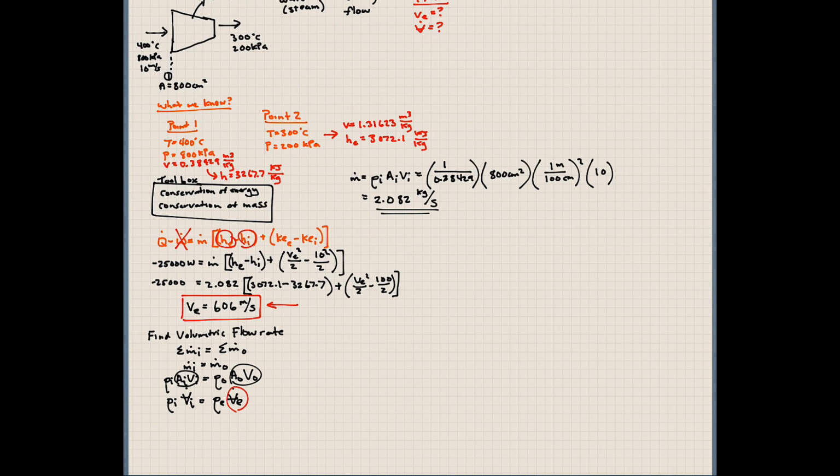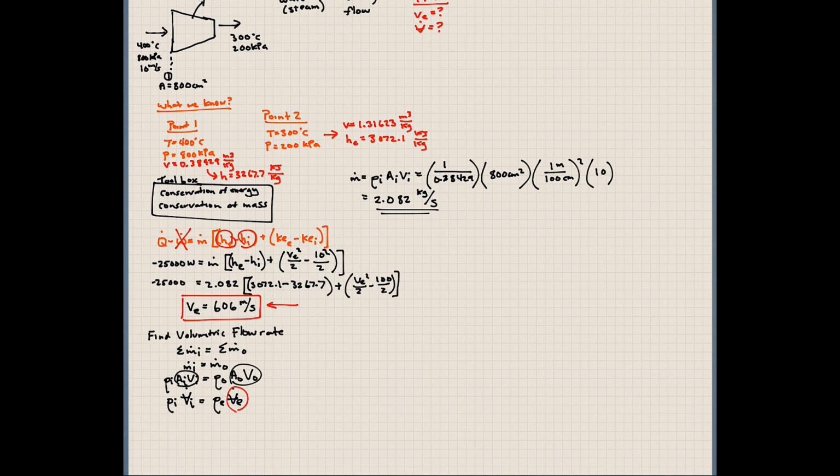And keep in mind, if density is the same, then volumetric flow rate is the same. But now we know that the densities are not the same because our specific volumes are different. So we can't say that the volumetric flow rate in is the same as the volumetric flow rate out because densities are in fact changing through this nozzle.